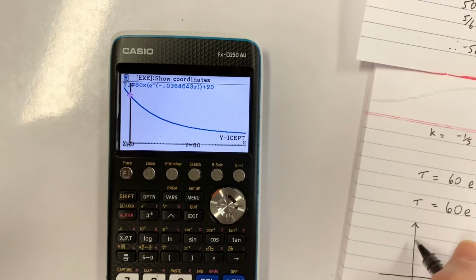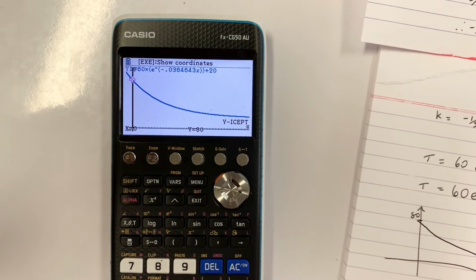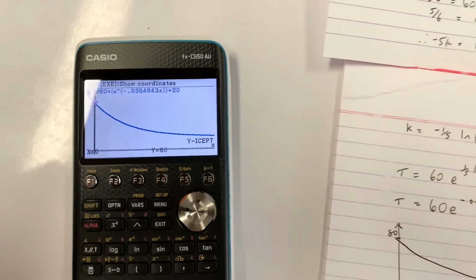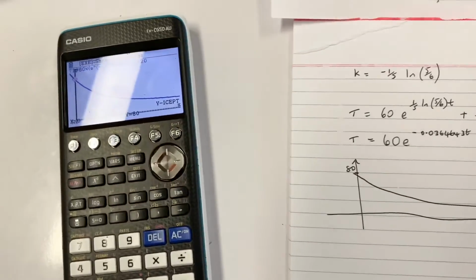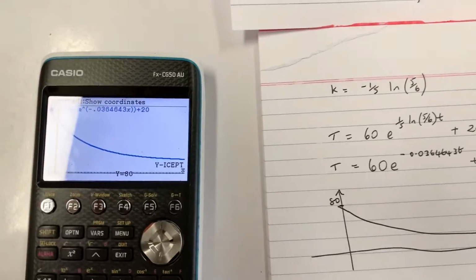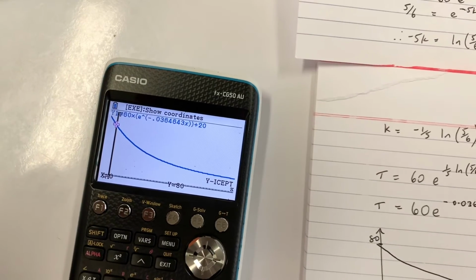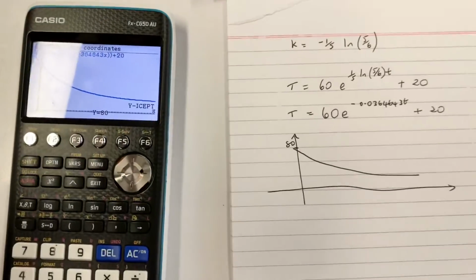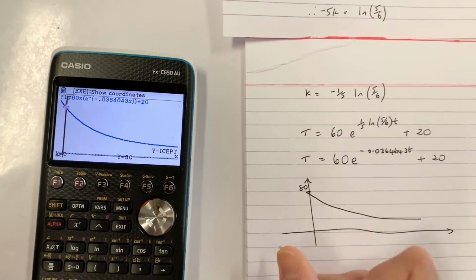Y-intercept is 80. And we go down. So we can sketch it with the cooling going down. Of course, it's not going to go below 20 because 20 is our room temp.